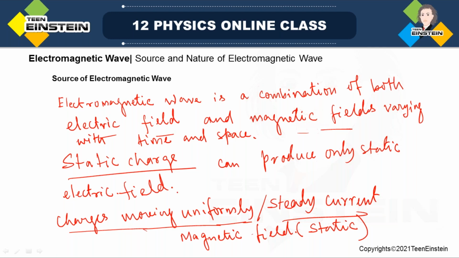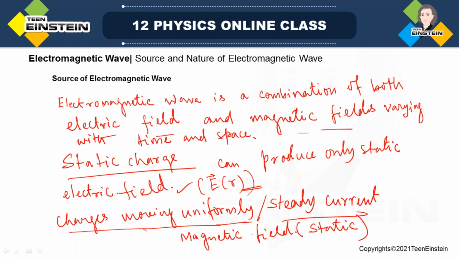So we have seen that static charges produce a static electric field, which we know as E. Charges moving with uniform velocity produce a steady current.